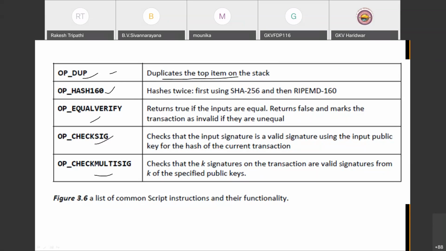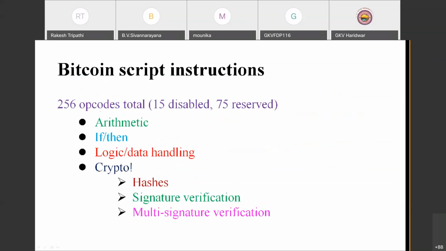OP_HASH160 does hashing twice: it pops the topmost element, does a double hash, and pushes the result onto the stack. Bitcoin script consists of 256 opcodes, for arithmetic, if-then, logic.